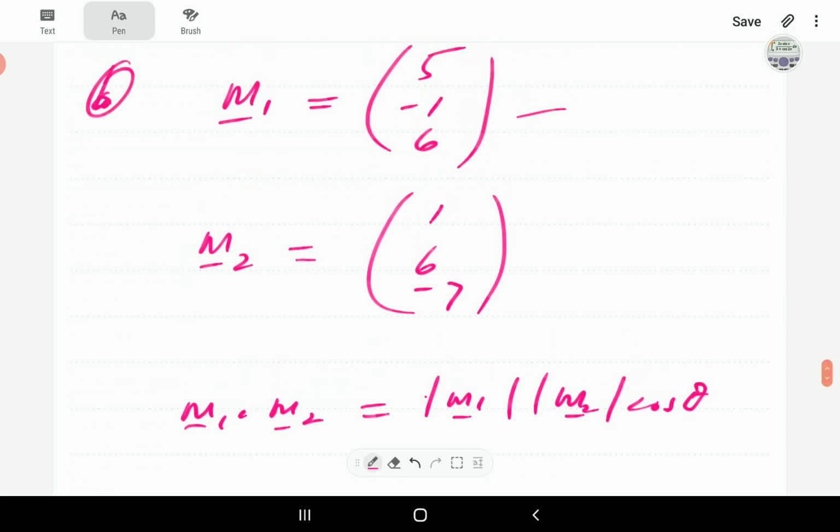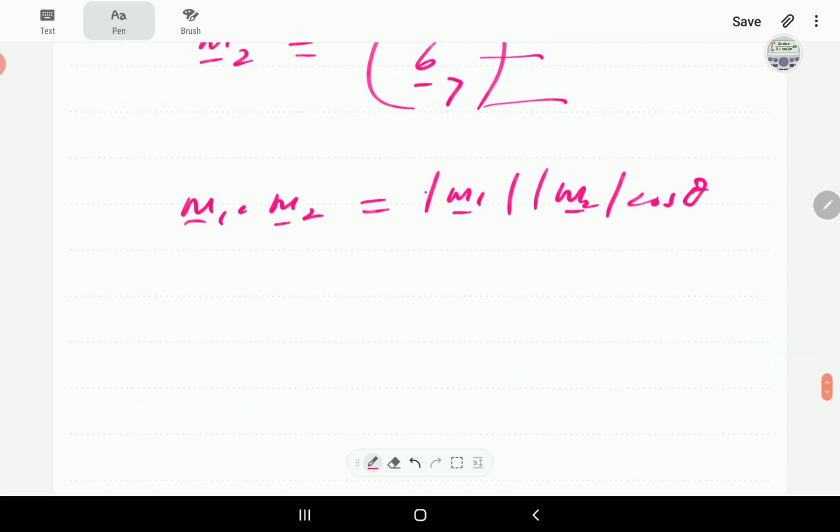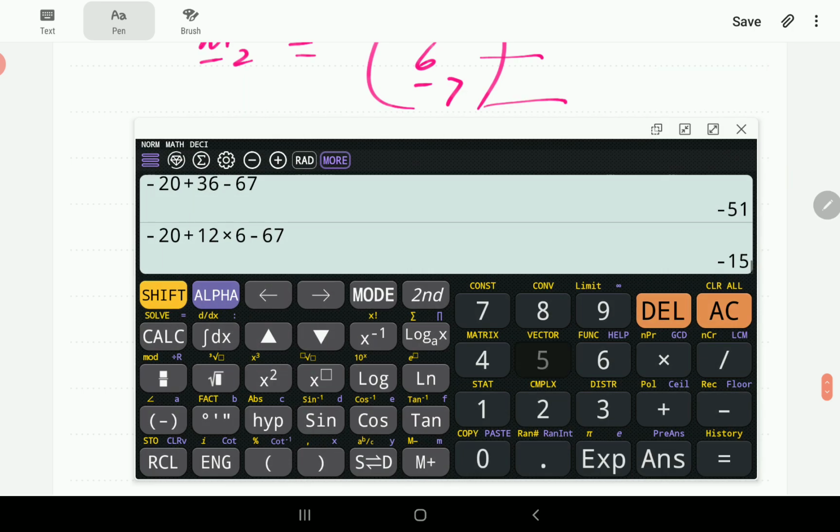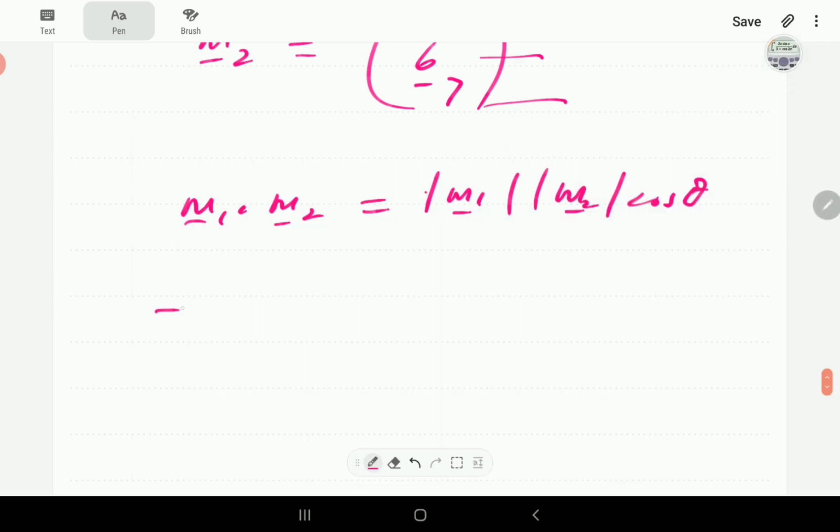So m1 dot m2 is going to be 5 minus 6 minus 42. So 5 minus 6 minus 42 is minus 43. So minus 43 here.